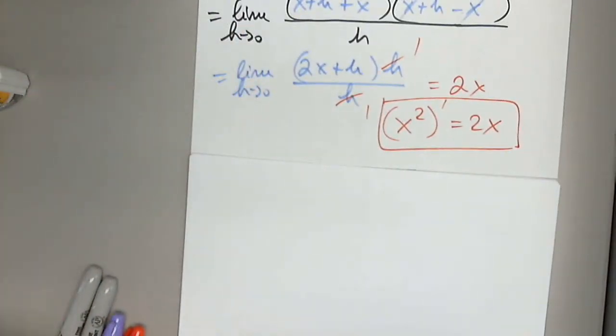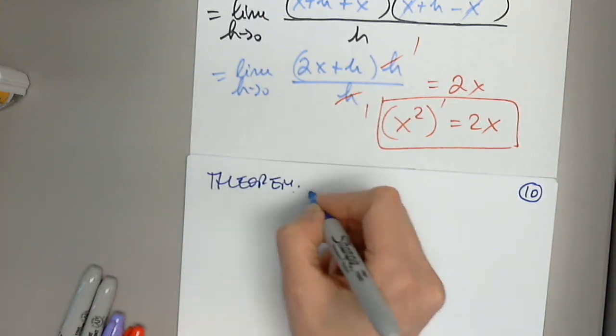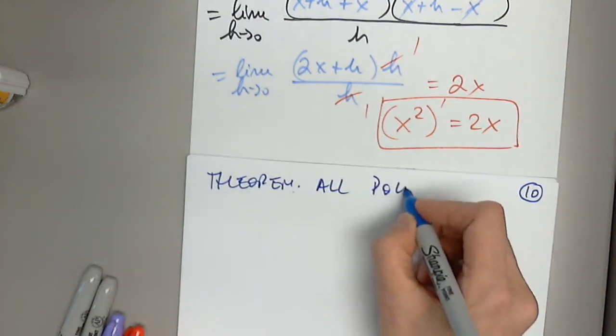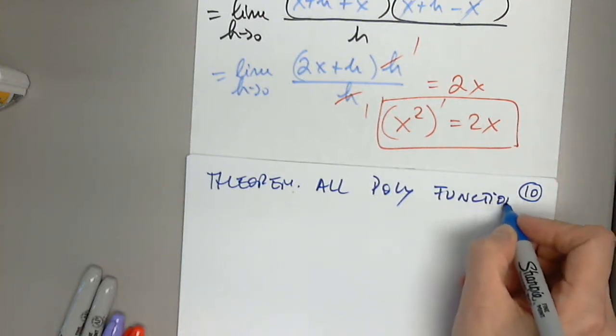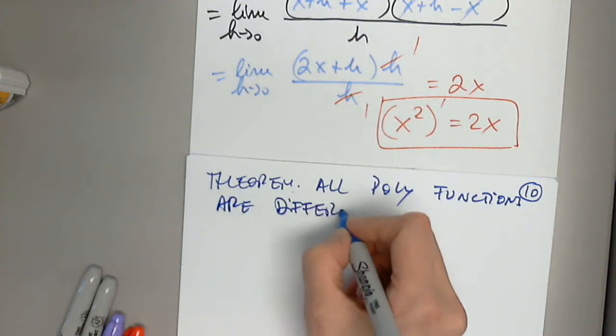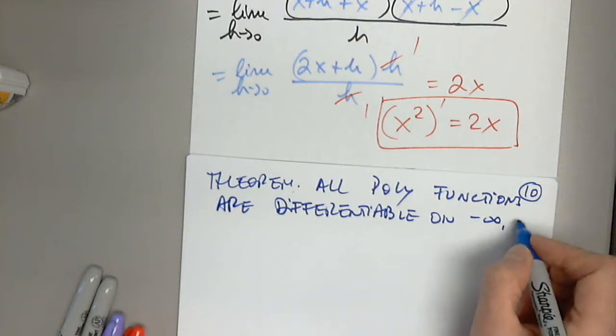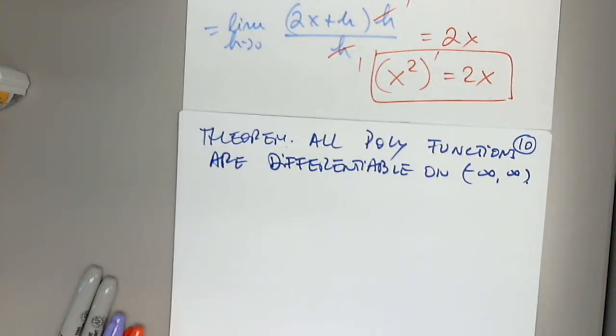So, theorem: all polynomial functions are differentiable on negative infinity to infinity, all real numbers, on all their domain. They're always differentiable, everywhere, on all their domain.